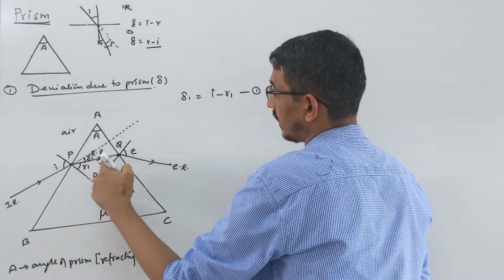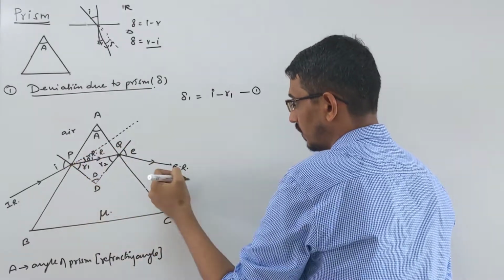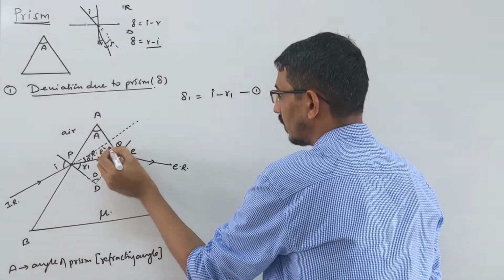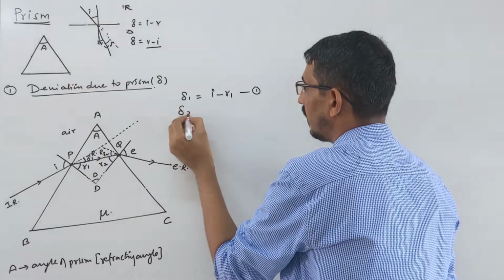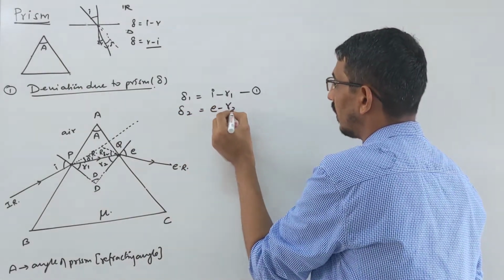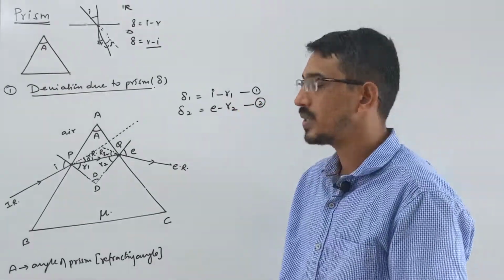The second deviation happens here. This refracted ray was going straight like that, but it then turned like this. So if you extend this backward, then this is your del 2. What is del 2? Obviously E minus R2. That's your second deviation. So the net deviation is obviously del 1 plus del 2.